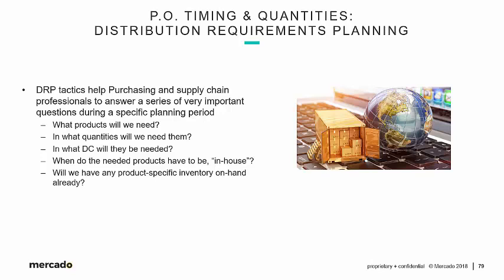Meaning, if in period 50, we're going to need 1,000 units of a product in the DC in Minneapolis, but the system is telling us we're going to have 500 units on hand anyway, the gross requirement is 1,000, but if the plan is to have 500 on hand, the net requirement is 500. That is what gross to net exploding is. All of these questions have to be answered by DRP and used by purchasing to make acquisitions of product in the right quantities and at the right time.